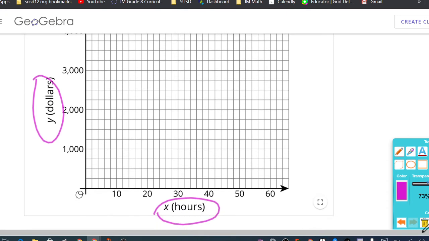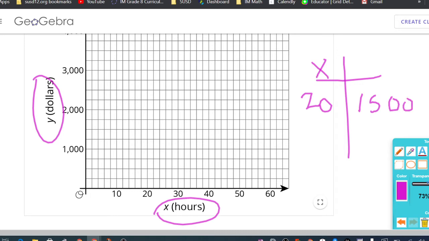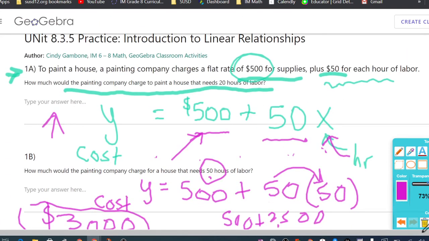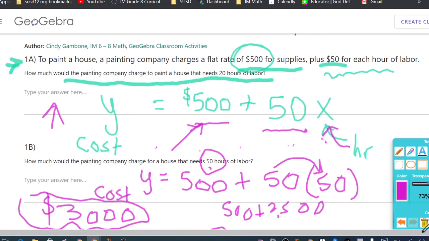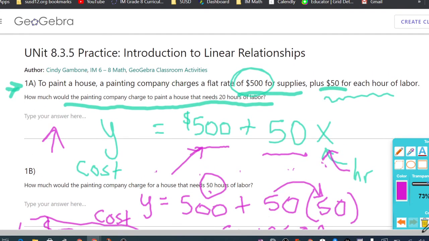Okay, the 2 points from the earlier question were, if X equaled 20 hours, we calculated a cost of $1,500. And if X were 50 hours, we calculated it'll cost $3,000. Let me double check. Did I get that right? 50 times. Just a second. I need to double check that I got that right.